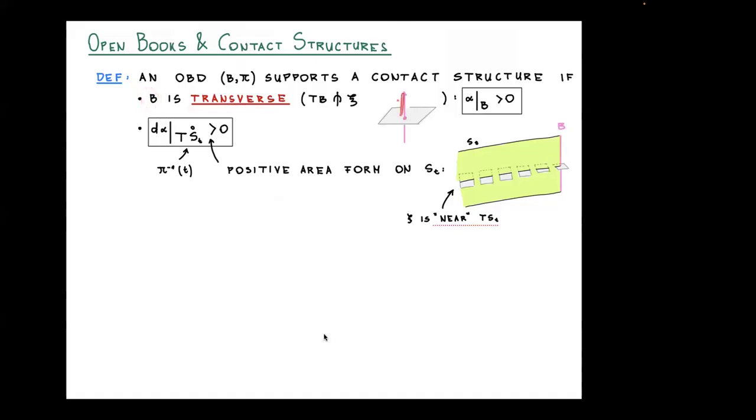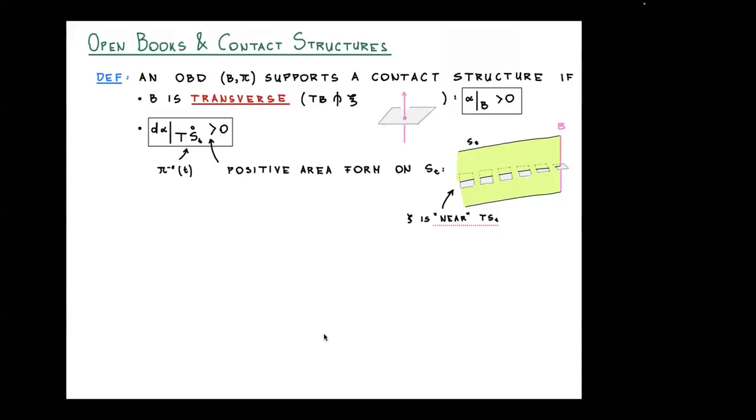Remember, transverse knot was just transverse to the contact structure, and alpha was the one form of which the contact structure was the kernel, restricted to the pages. So the alpha restricted to the pages gives you a positive area form on each page.